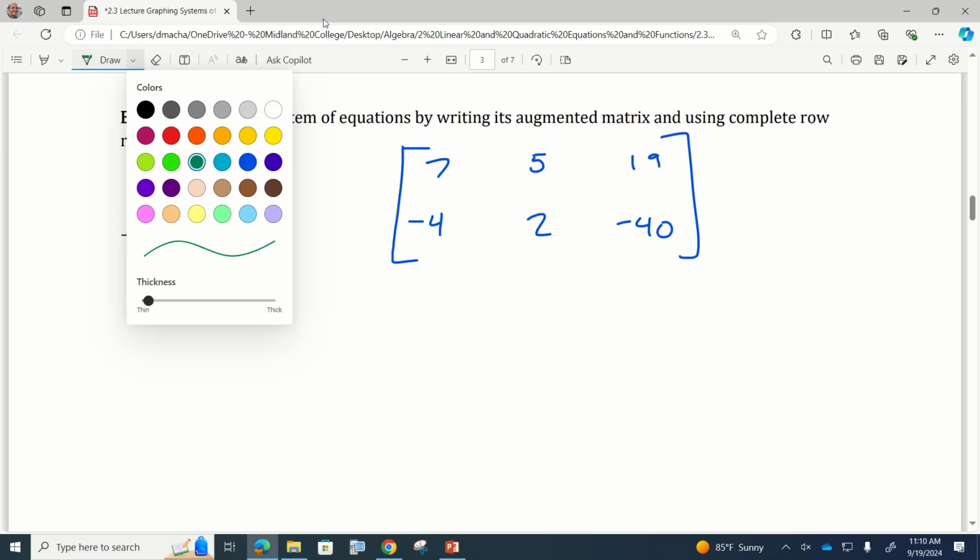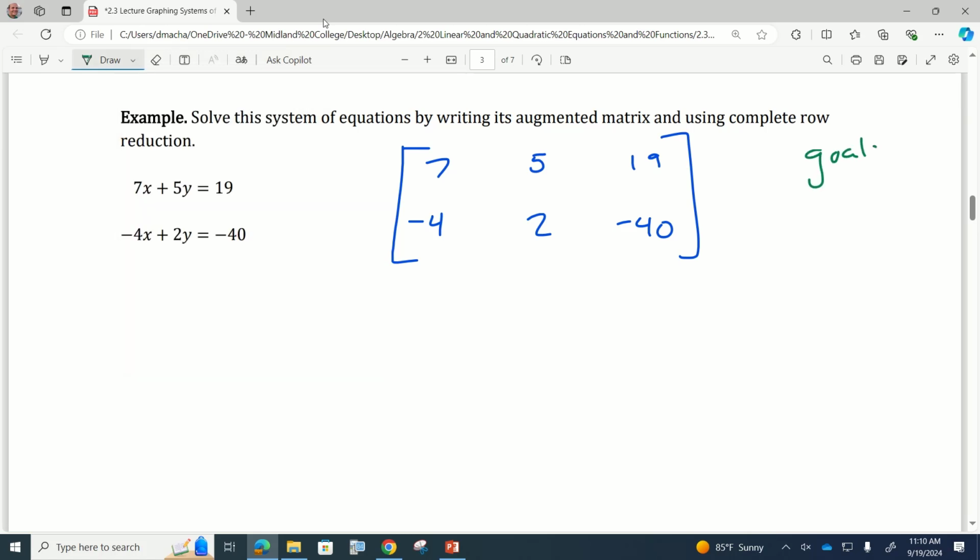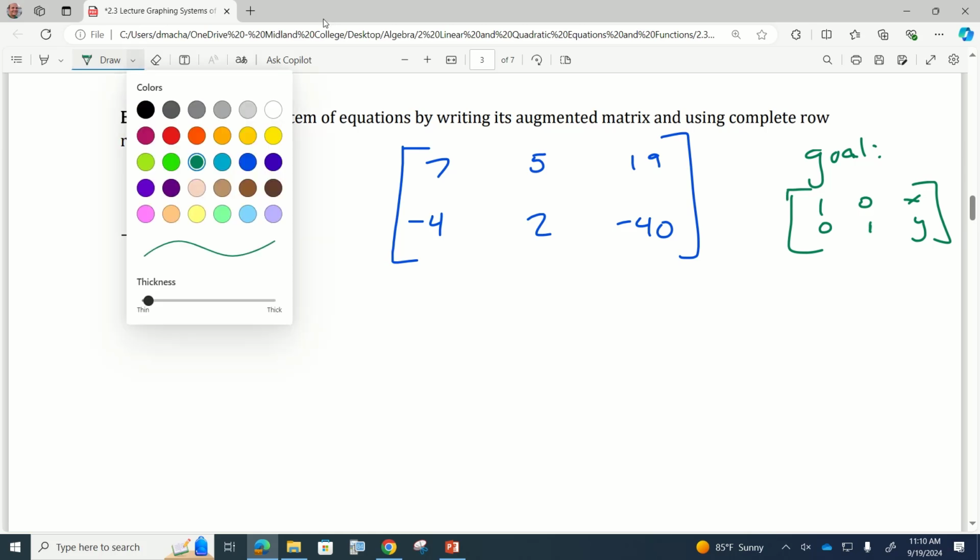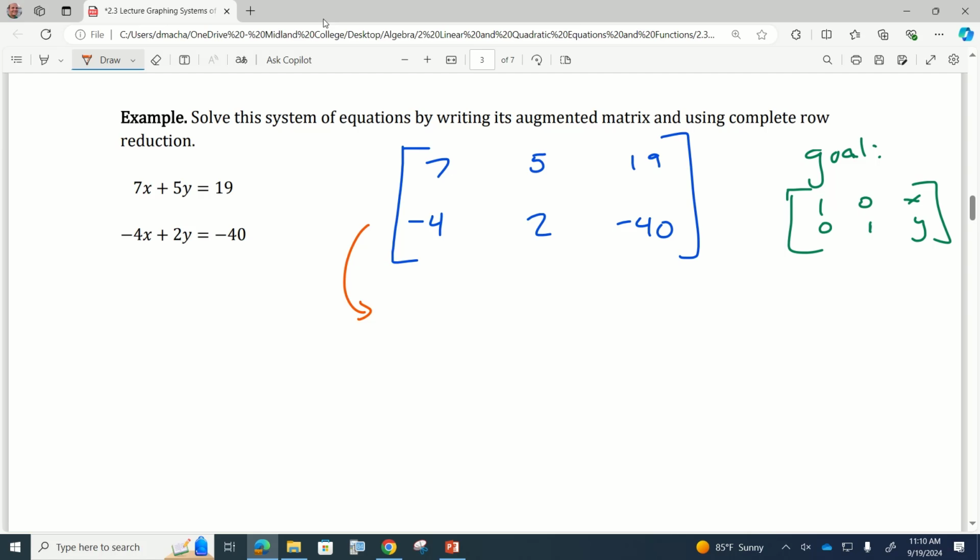If I can't really seem to get either the 1 or the 0 right away, then let's at least get a little bit closer. And what I mean by that is I could replace row 1 with row 1 plus row 2.